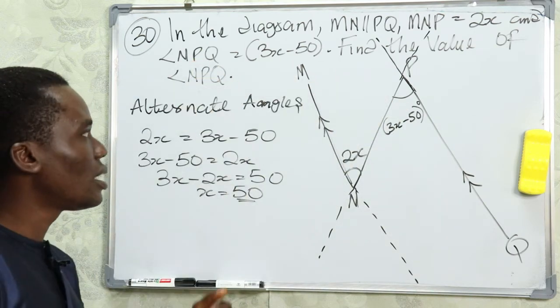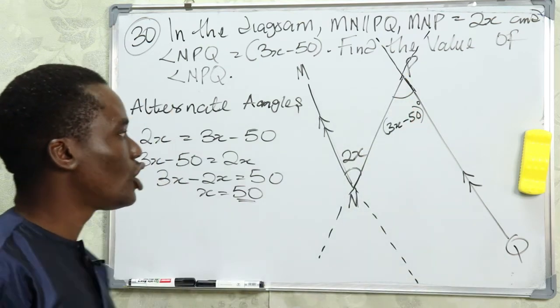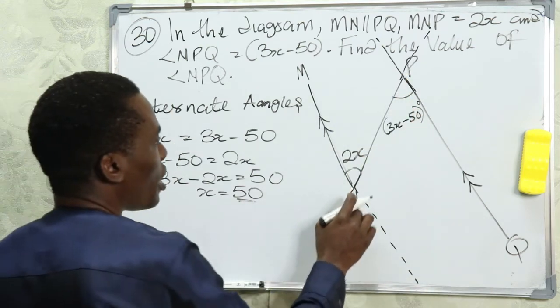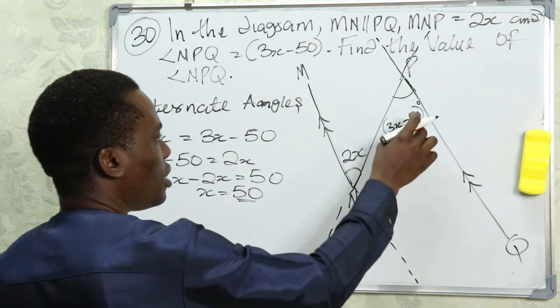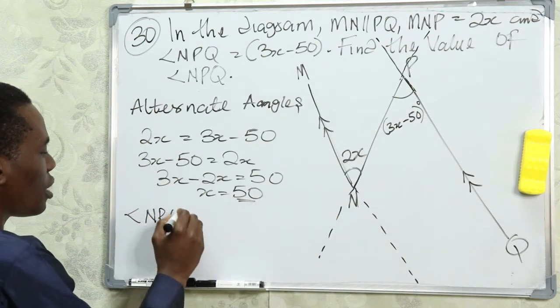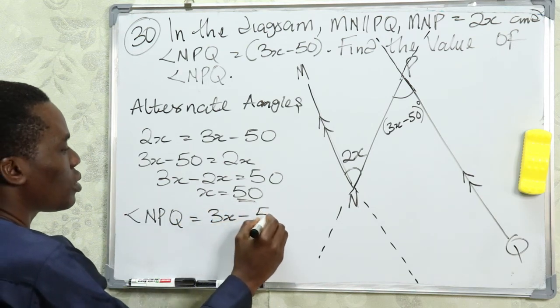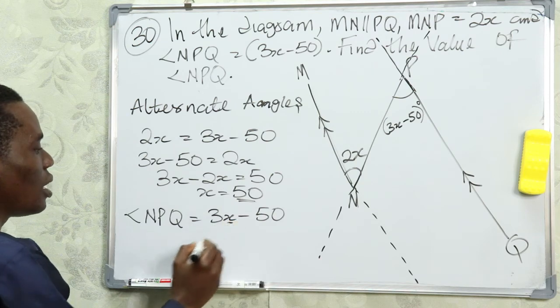That is this angle NPQ, and this angle NPQ is this value. So angle NPQ will be equal to 3x minus 50. And what is x? x is 50.